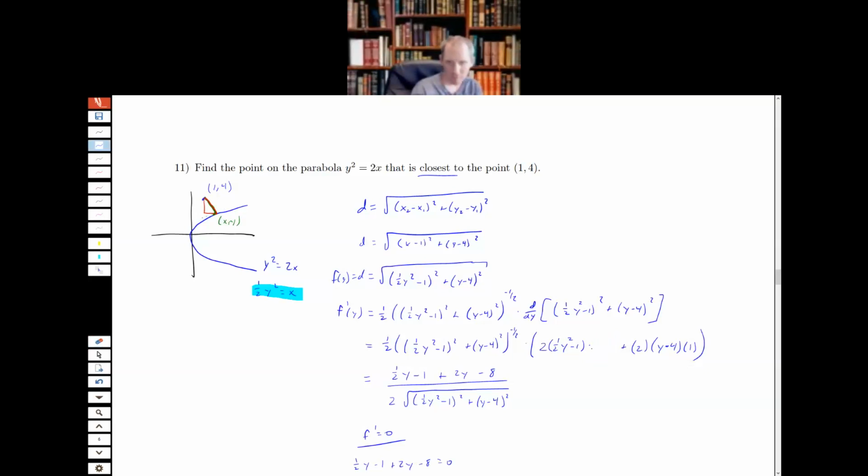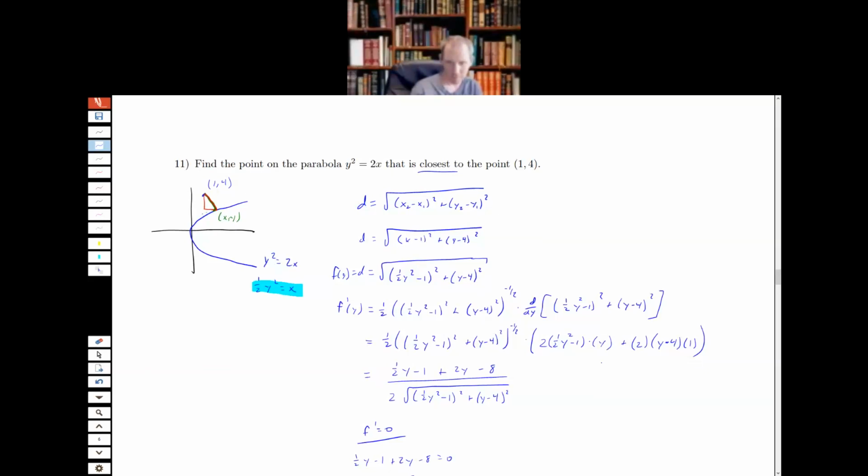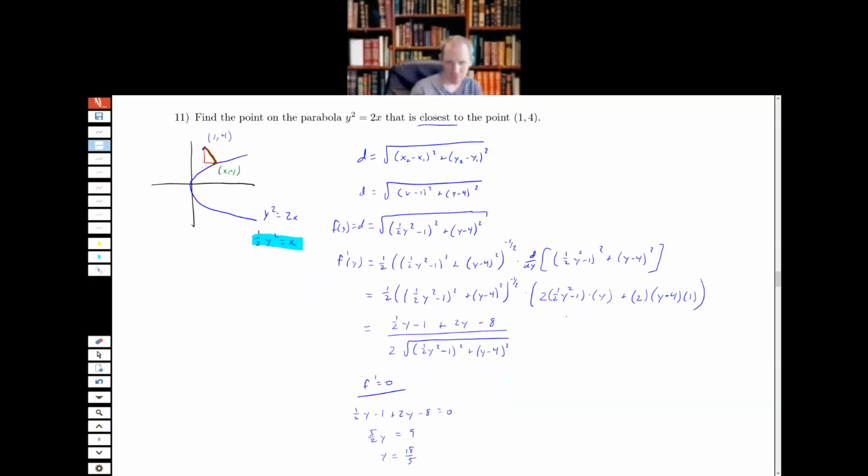All right. 2 comes down. When I take the derivative of the inside, 1/2 y squared, when I bring the 2 down, I'll get 2 times 1/2 y, which is just a y. Okay. So when I distribute the 2y times 1/2 y squared, the 2's cancel and I get a y cubed.